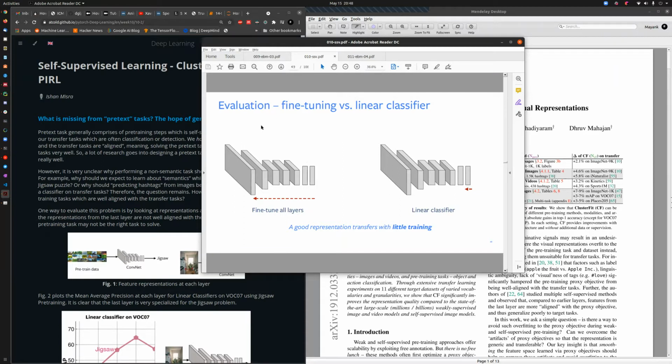This had the evaluation. We discussed this too, and the last part with respect to fine tuning versus linear classification. Why do we do fine tuning, and what's linear classification good at? So here I was trying to give a representation.